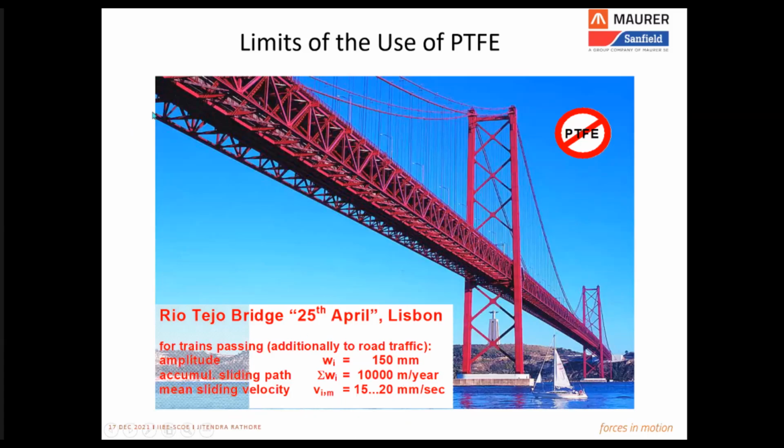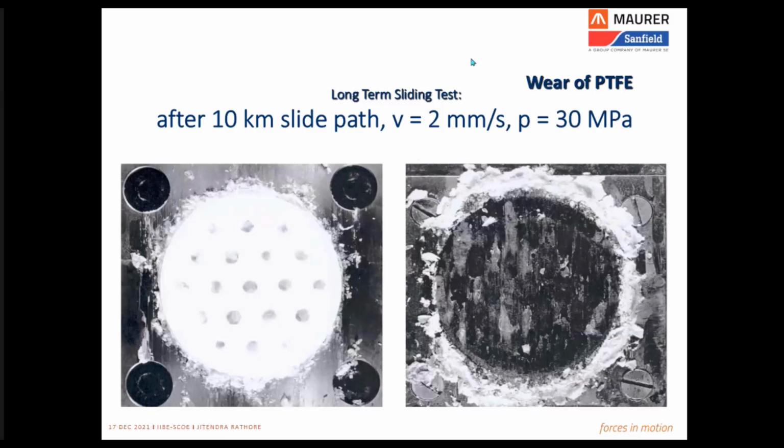And the velocity at which this movement was taking place was around 15 to 20 millimeter per second. That means it was moving with a very high velocity. When this test was done on PTFE in the laboratory, you could see that after 10 kilometer of slide path, with a very low velocity of 2 millimeter per second and the normal design stress of PTFE, the entire PTFE had given up.